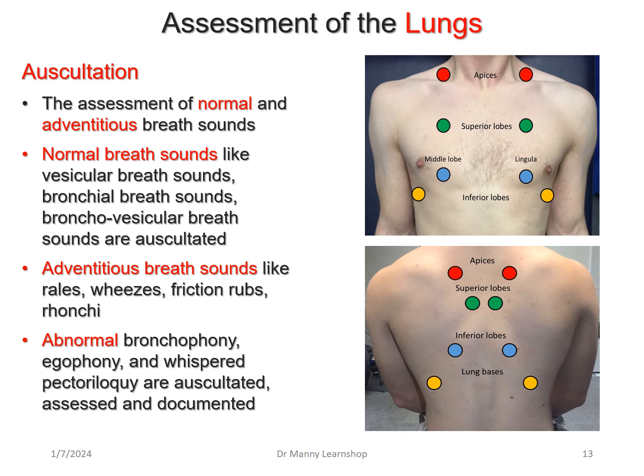Adventitious sounds are things like rales, rhonchi, wheezes, friction rubs, and bronchi. Abnormal sounds can be related to bronchophony, egophony, and whispered pectoriloquy, and these are also auscultated, assessed and documented.